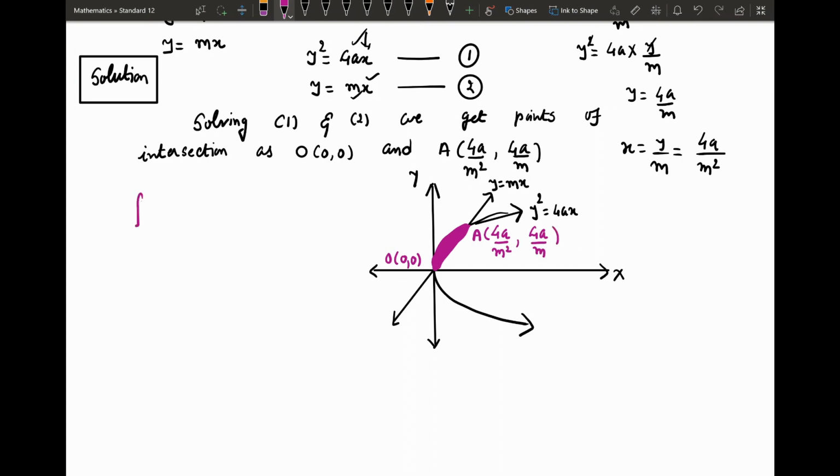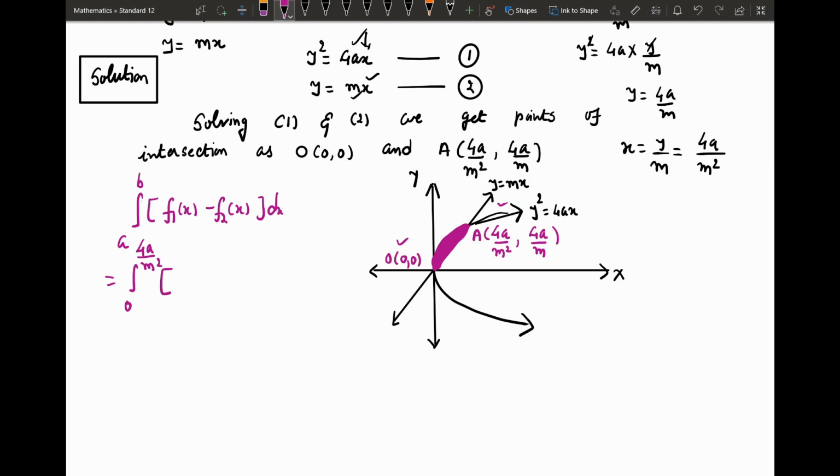So we will use this formula to get the area: integral a to b of f1(x) minus f2(x) dx. So the limit will be 0 to 4a upon m square.